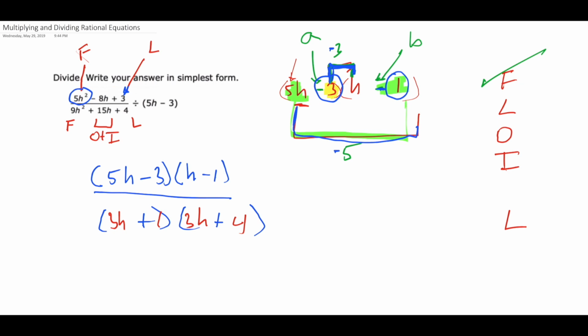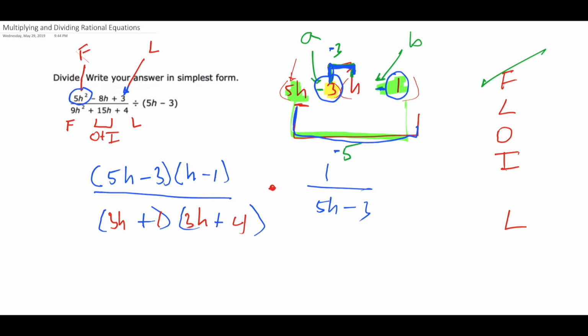Yeah, so divided by 5h minus 3, which means what? All right, 1 over 5h minus 3.